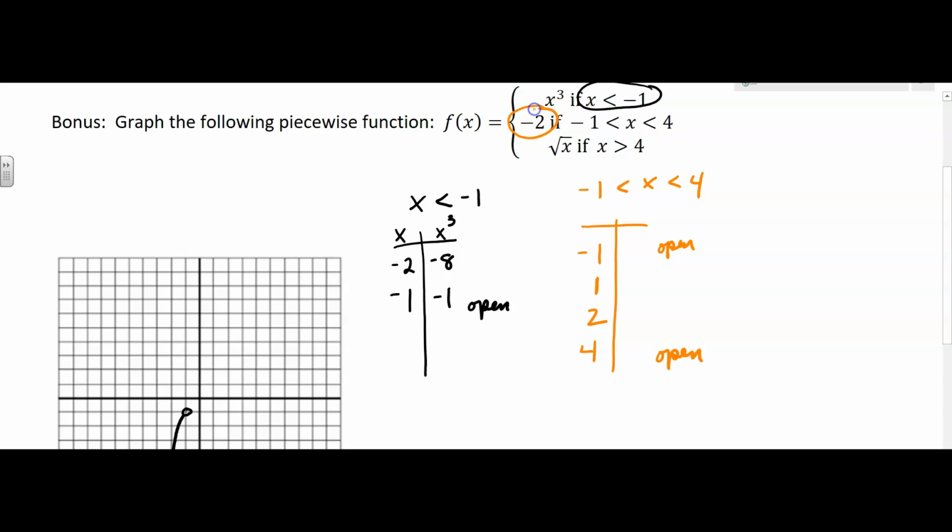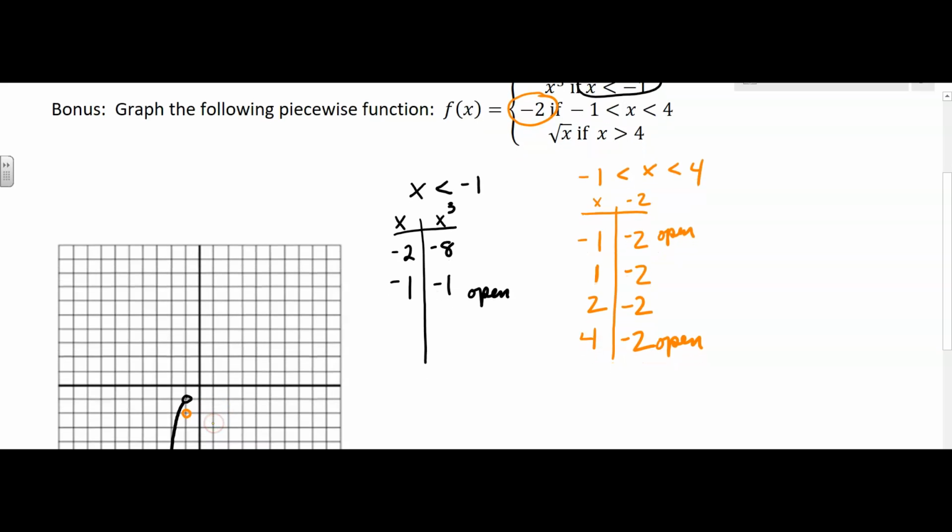Now, the function is constant. So here's my x. My output's going to be -2, no matter what. I didn't really need to pick 4 points, but I did. Okay, so -1, -2. That's going to be an open dot right there. And then it's going to be 1, -2, and 2, -2, and then 4, -2.